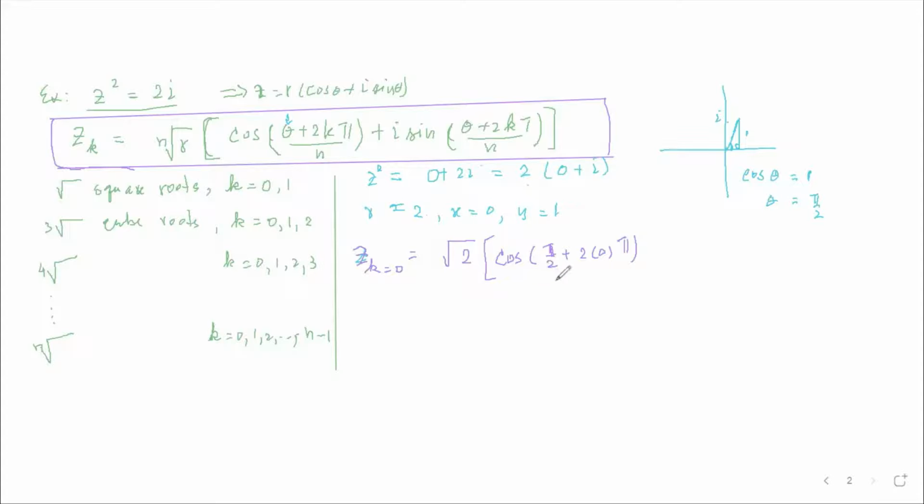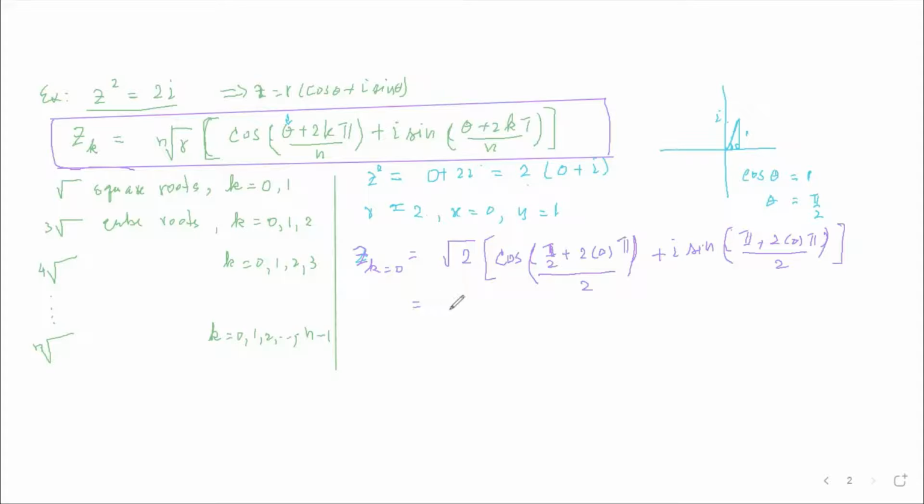Okay, and this is the whole thing here, divided by n equal to 2. And then plus i sine, the same thing, right? So pi over 2 plus 2 times 0, k is 0, times pi. And this whole thing also divided by 2. Now close the big bracket.